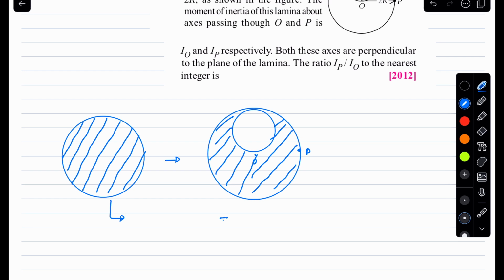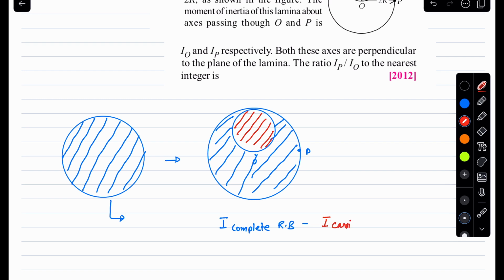So the moment of inertia of the complete rigid body, and from that we will subtract the moment of inertia of the body which was removed, the object which was at the place of the cavity. Let's call it I cavity.